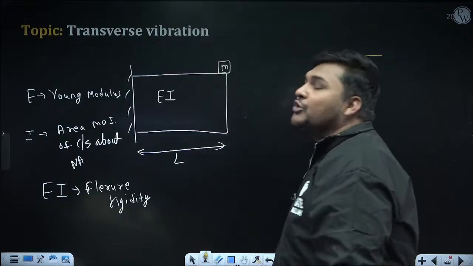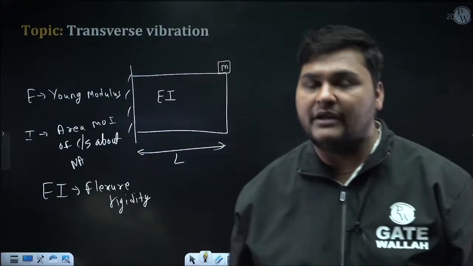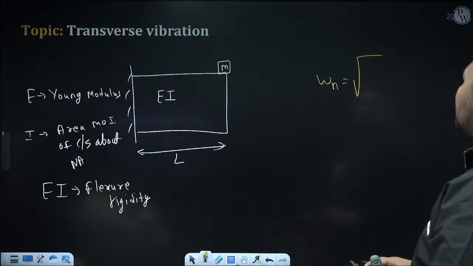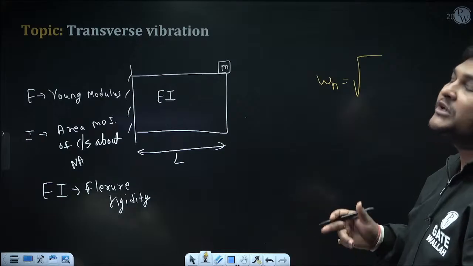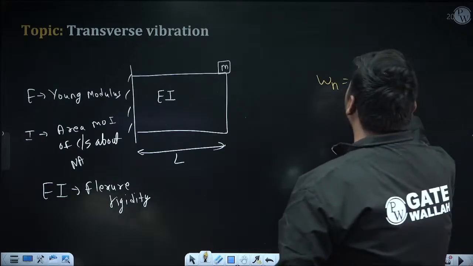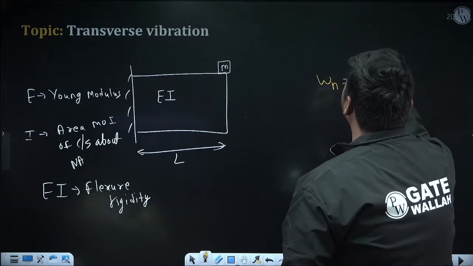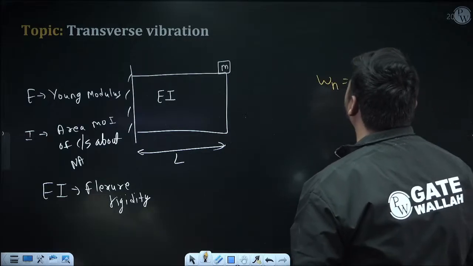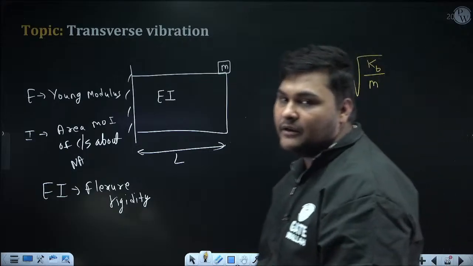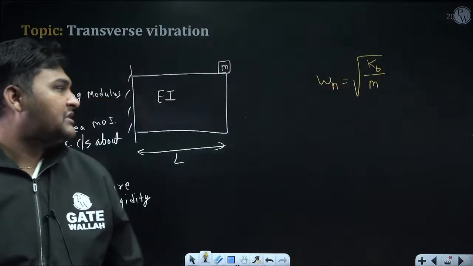Reason? Because during vibration, this structure is bending. So if the stiffness of the system is K and mass is m, the formula to calculate omega n is root K by m. So again, I will use the same formula root K by m, but here K is nothing but the bending stiffness of this beam. So suppose I denote bending stiffness as KB, B for bending.